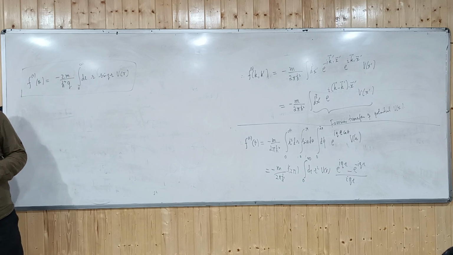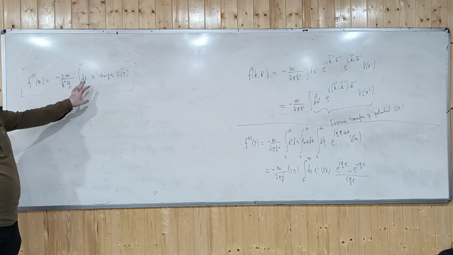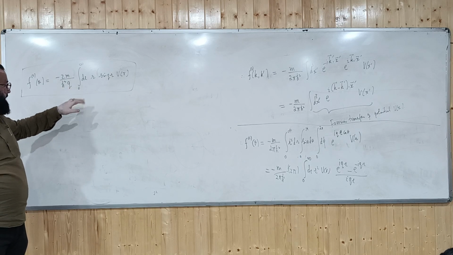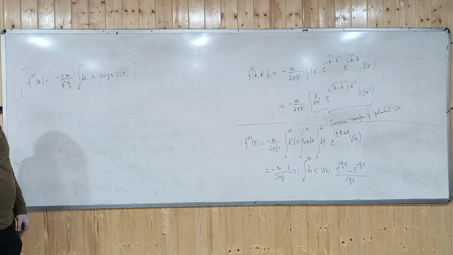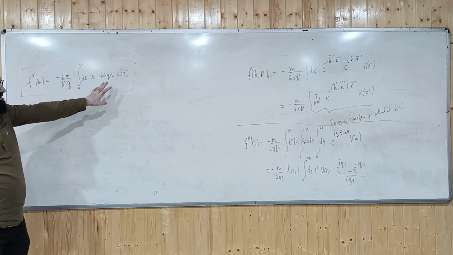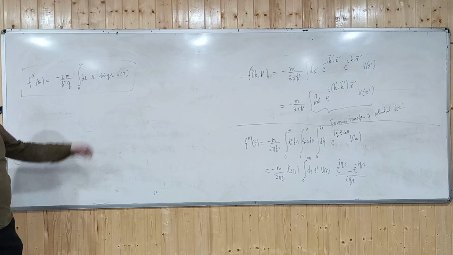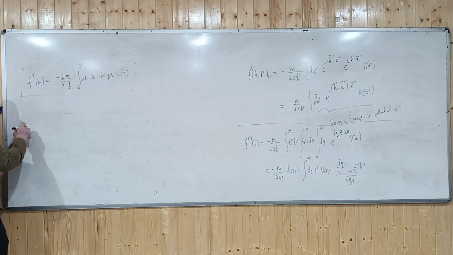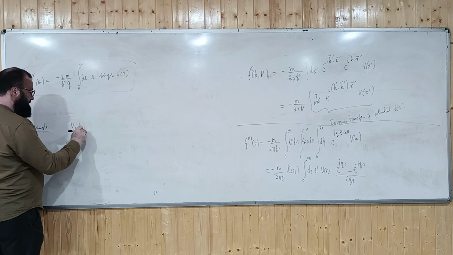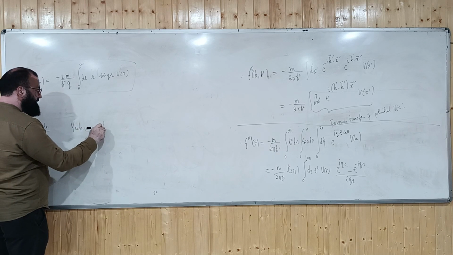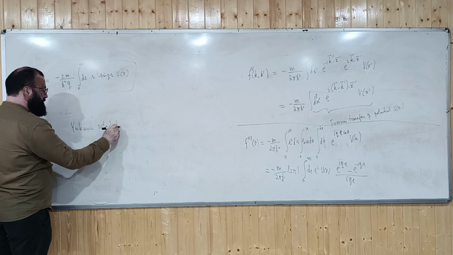Any problem? This should also be memorized, because for a quick objective question you will make use of this. You simply need to consider whether the potential is spherically symmetric or not, and apply this formula. Okay, so let's take an example: scattering off a Yukawa potential.